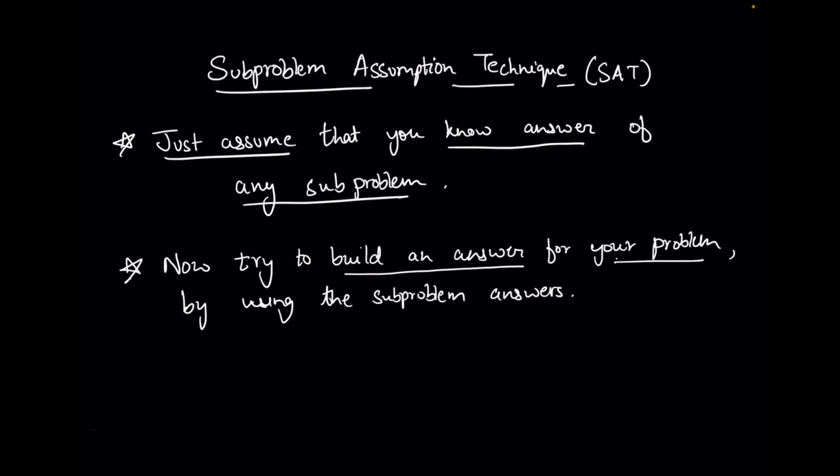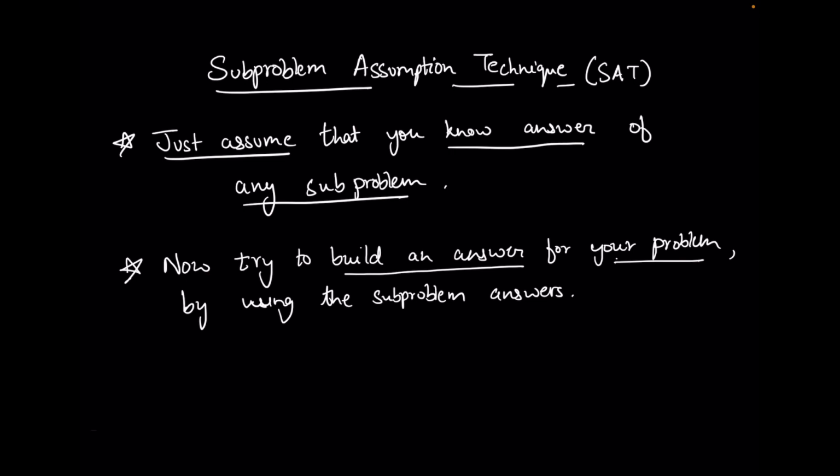That's it. You don't need to think about anything like a recursive tree, a kind of structure which we saw in our Fibonacci video. You don't need to think about call stacks and what recursive calls are being made before which recursive calls, or what is the path of the program through this recursion. Don't think about any of that while trying to build your recursive algorithm, because all that will do is complicate things, right? All you need to do is assume that your recursive function works perfectly for any subproblem.